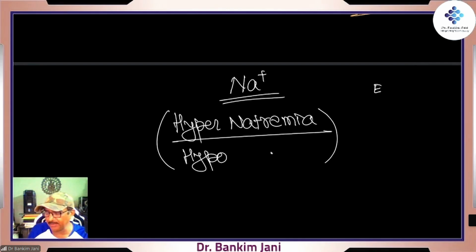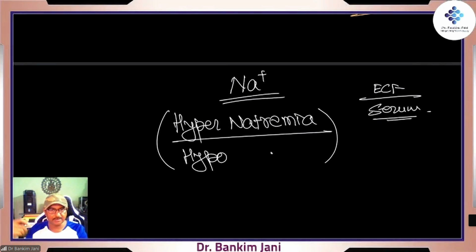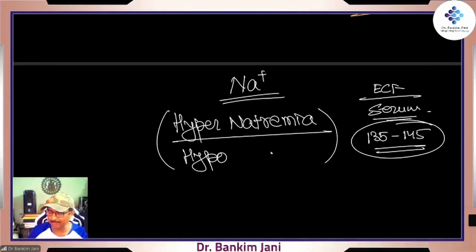So in the ECF, that is in the serum, when you have taken the blood of a patient and tested it, 135 to 145 is the normal level. And these levels are very strictly controlled within this particular range. Anything more is hyper, anything less is hypo.